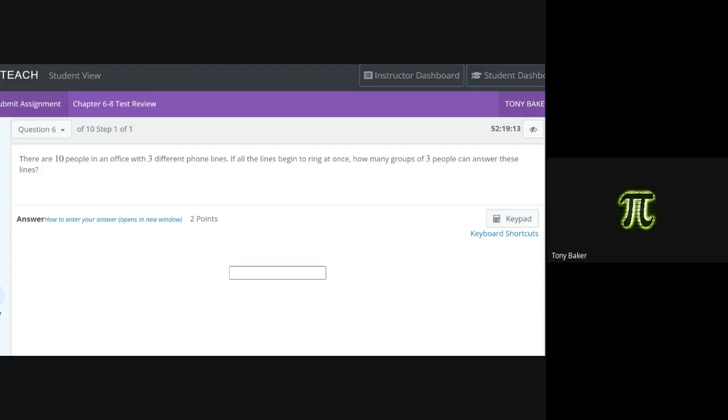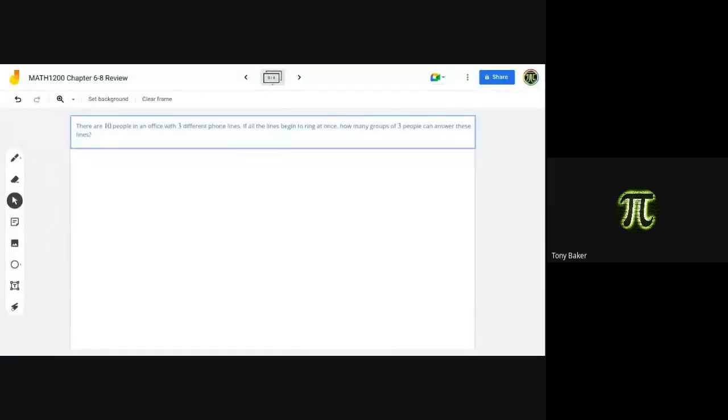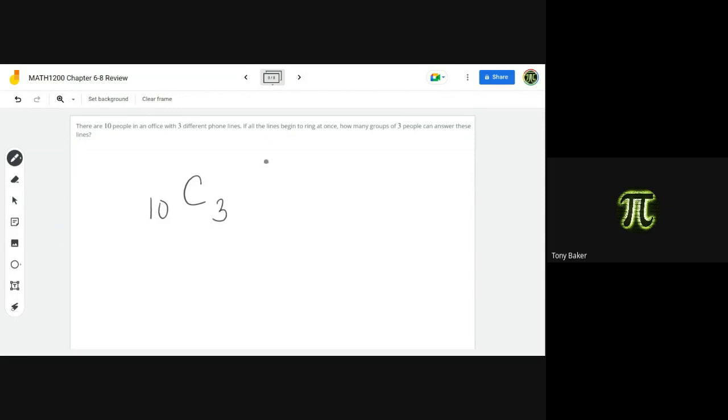So how do we figure this out? We're just going to use the Desmos calculator. Let's switch over to this one. So I have 10 people, and since order doesn't matter, I'm using C and I'm choosing 3.